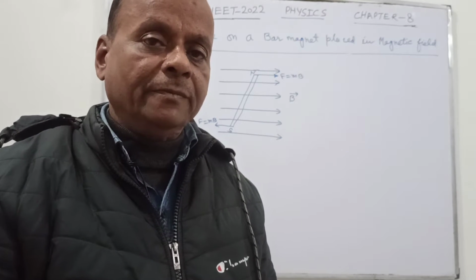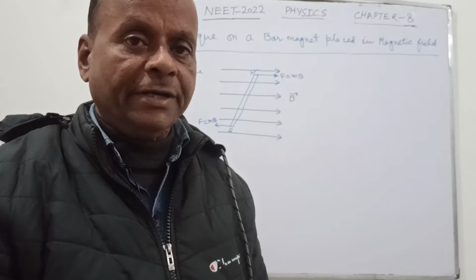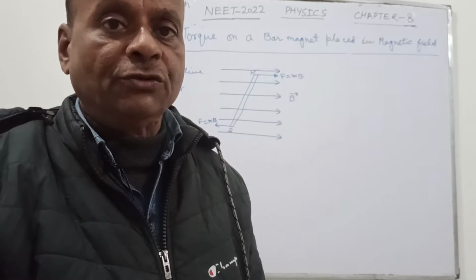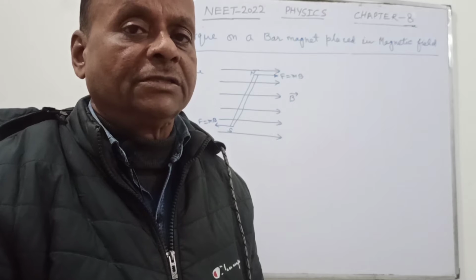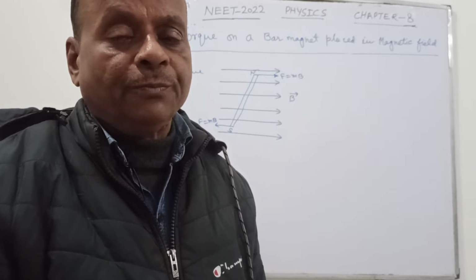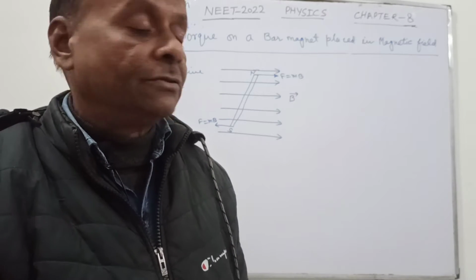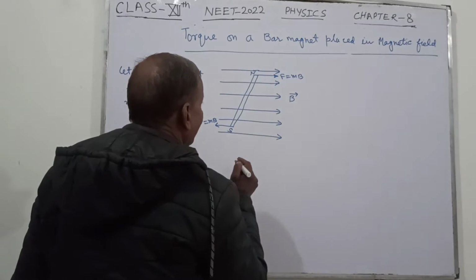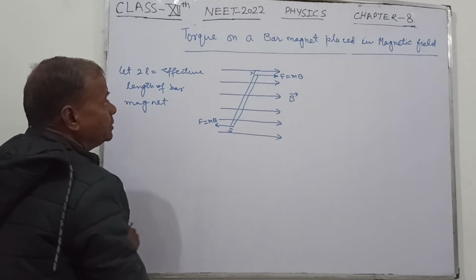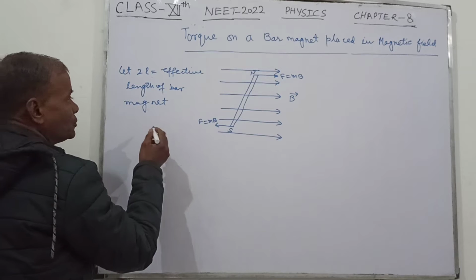You can have the idea that this north pole is just like the positive charge and south pole is just like the negative charge. So the two forces are acting on the poles.